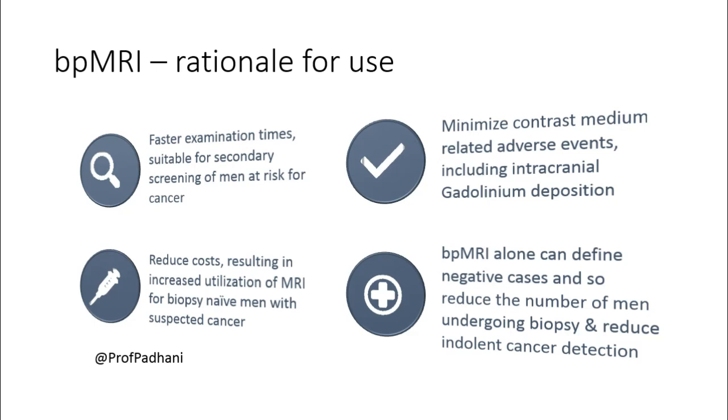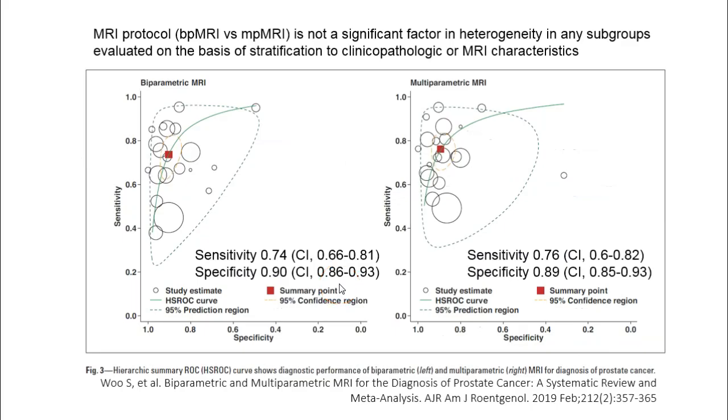And almost all people will point to the fact that biparametric MRI can define negative cases and so can reduce the number of men undergoing biopsies and help reduce indolent cancer detection rates, which are the main advantages of prostate MRI. Meta-analyses such as these can be found in the literature.